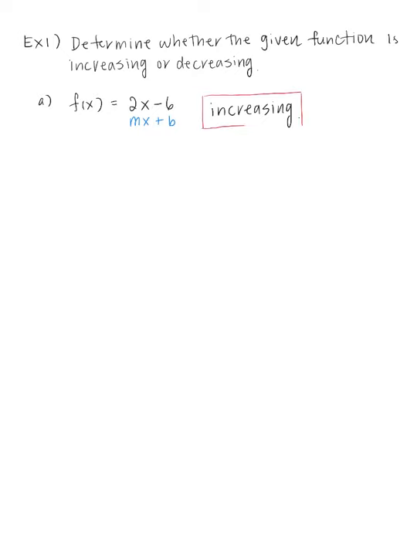Now let's take a look at another one. Part B, let g of x equal 6 minus 5 over 6 x. Remember that the slope, m, is the coefficient on your variable x. So I tried to trick you here. Do you see what I did? I swapped the ordering of mx and b.